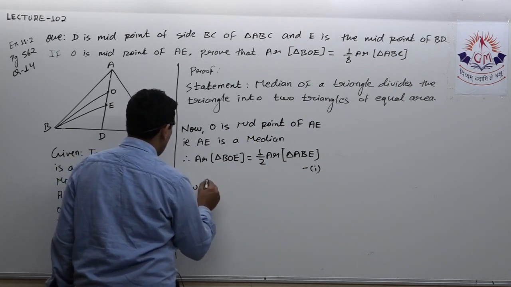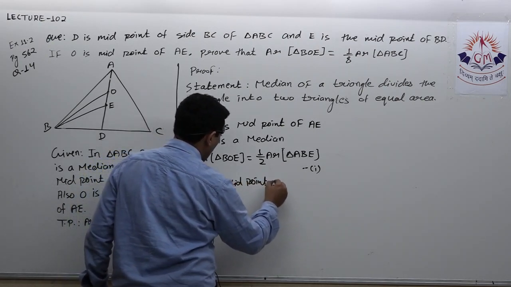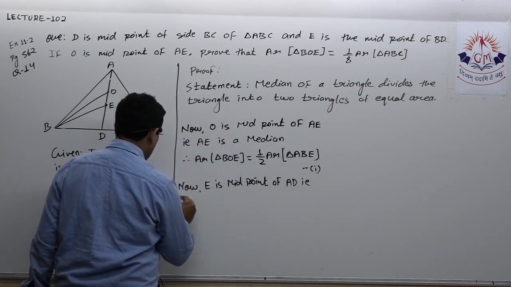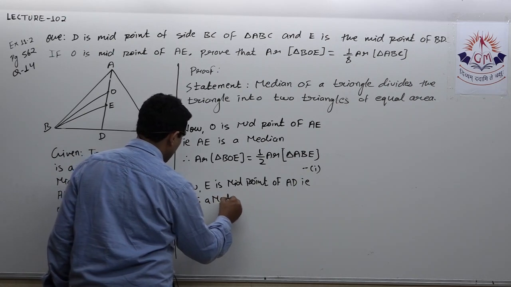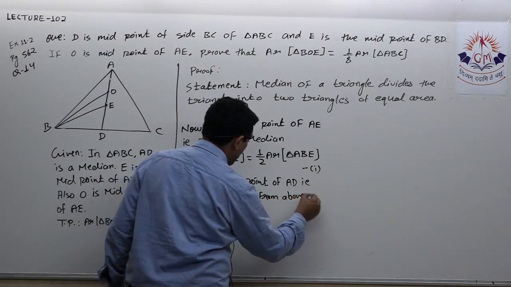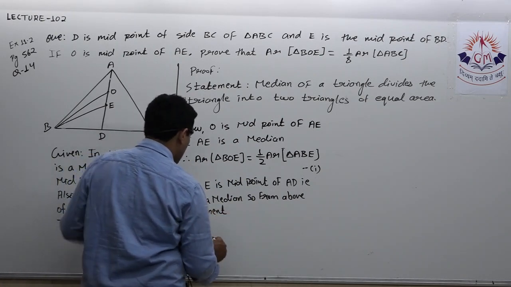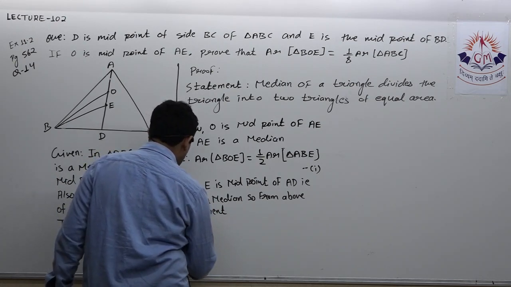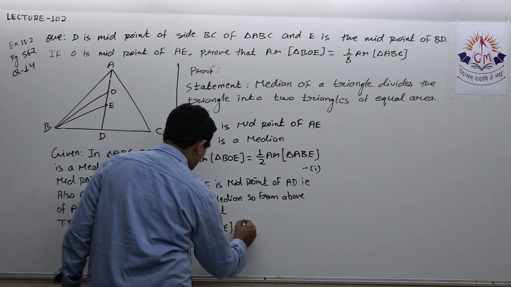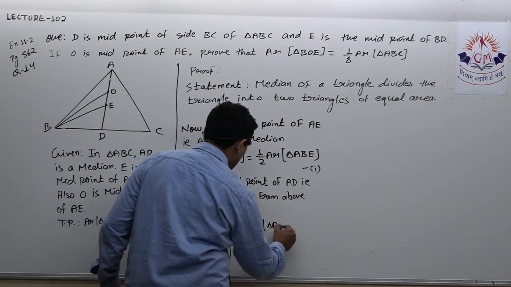Now, E is midpoint of AD, that is BE is a median, so from the above statement, I can write area of triangle ABE is equal to half of area of triangle ABD.